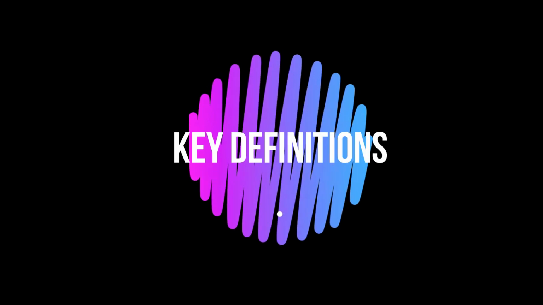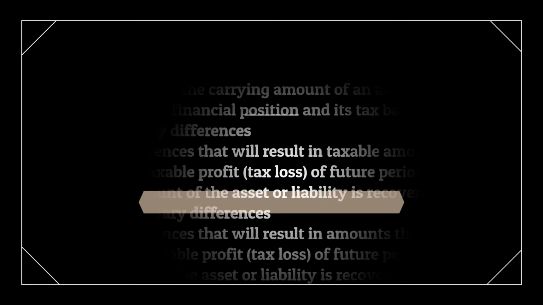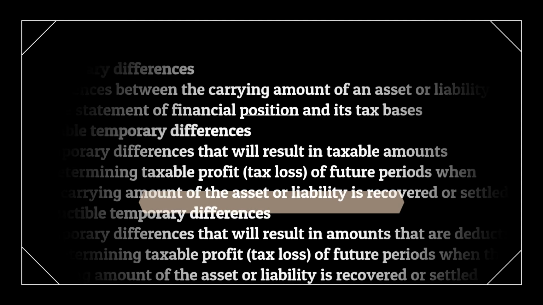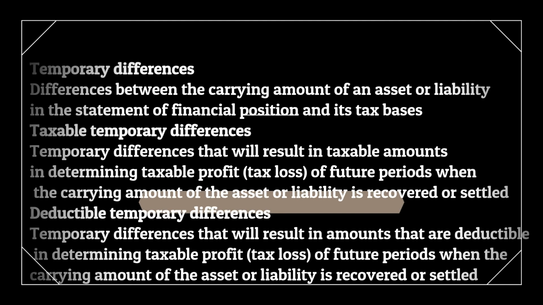The key definitions that we're going to come across in the standard are: tax base. The tax base of an asset or liability is the amount attributed to that asset or liability for tax purposes. Temporary differences are differences between the carrying amount of an asset or liability in the statement of financial position and its tax base.